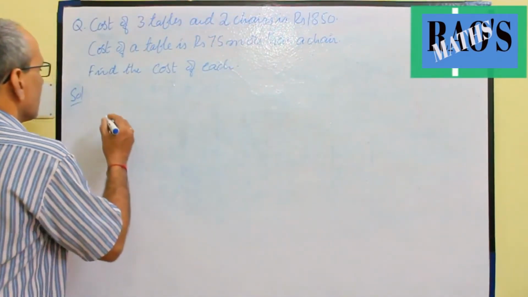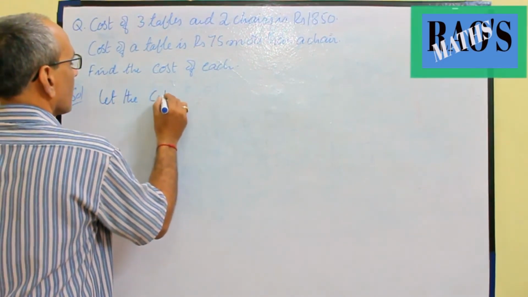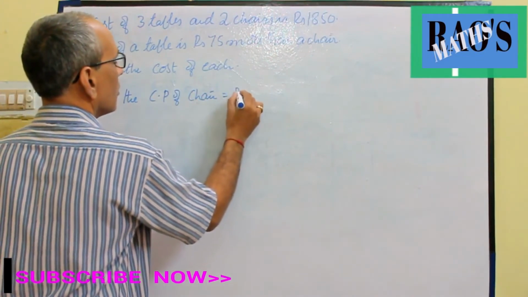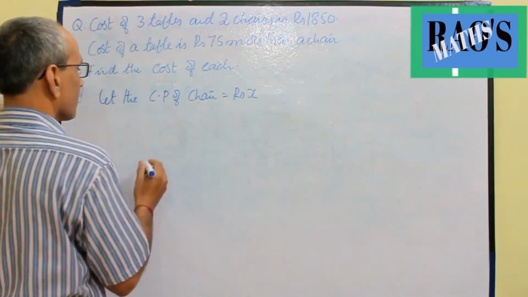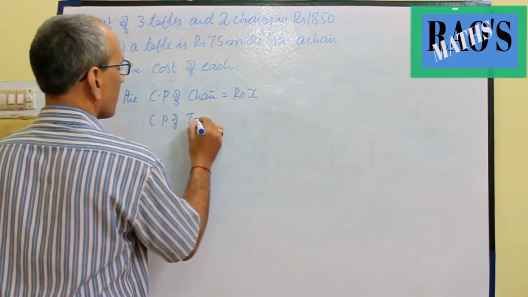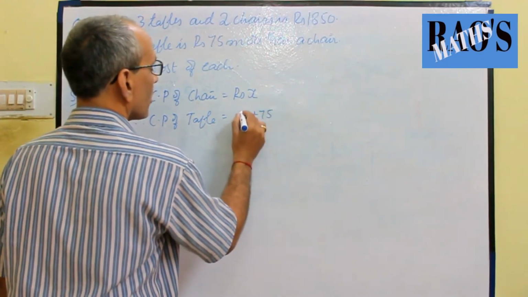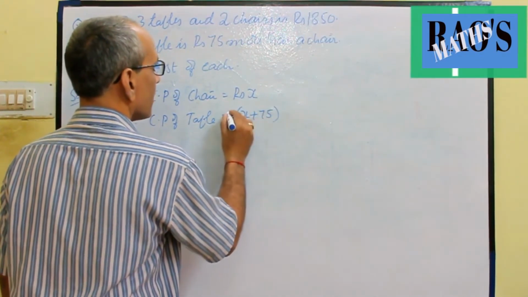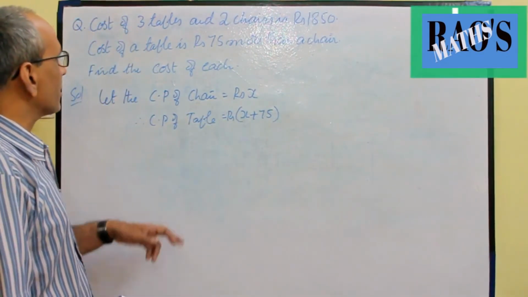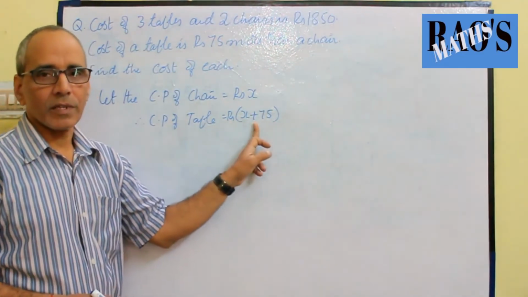So let the CP of chair be rupees x. Therefore, CP of table is 75 rupees more than the cost of a chair, that is x plus 75. But how many tables did he purchase? 3. Cost of each is x plus 75.